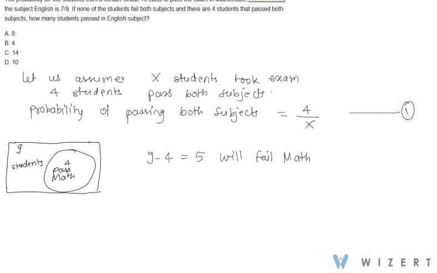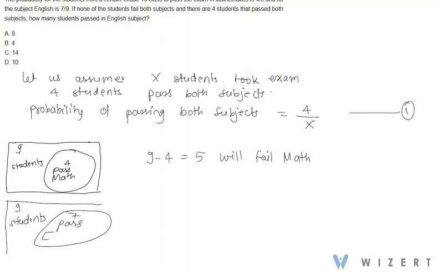And similarly, probability of passing English is 7 by 9. So if there were 9 students total, 7 will pass English. That means 9 minus 7 equal to 2 will fail English.